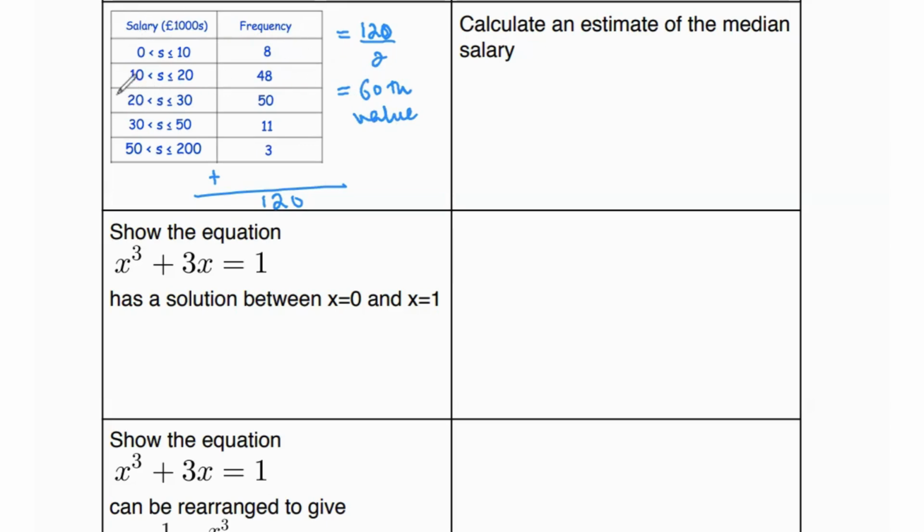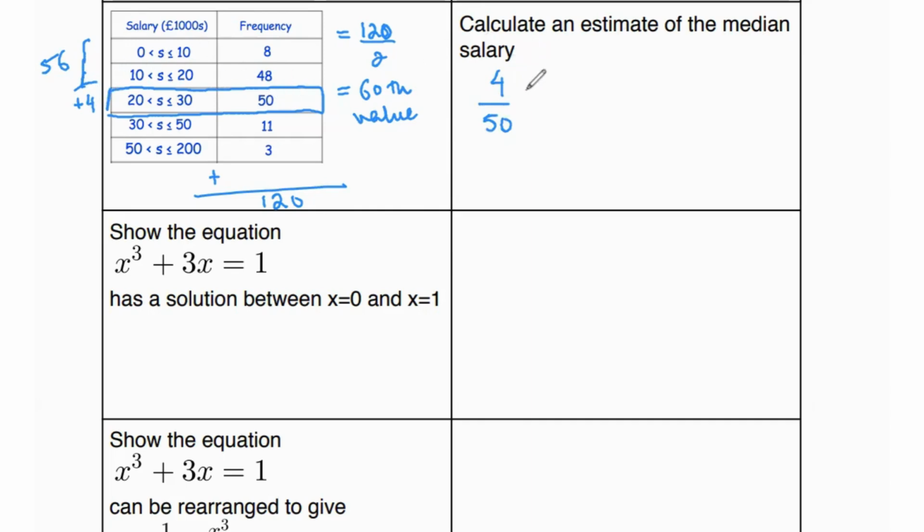That plus 4 value is going to come from this interval over here, so we take 4 people from this interval, and divide that by 50, because the frequency of this interval is 50.